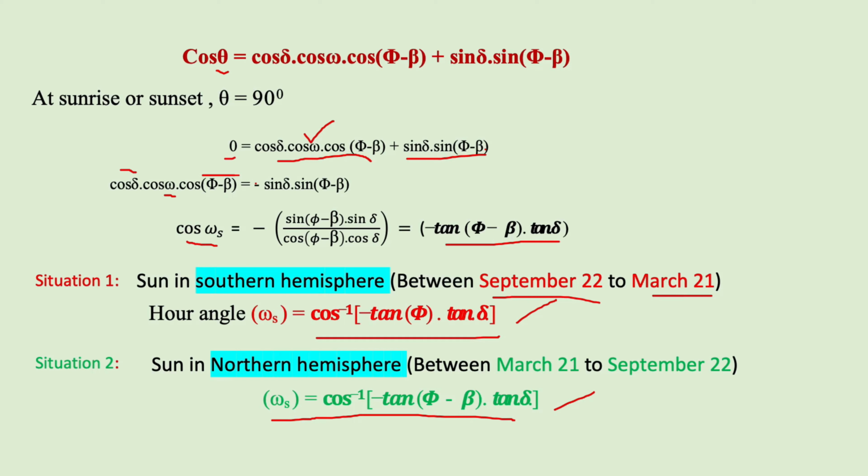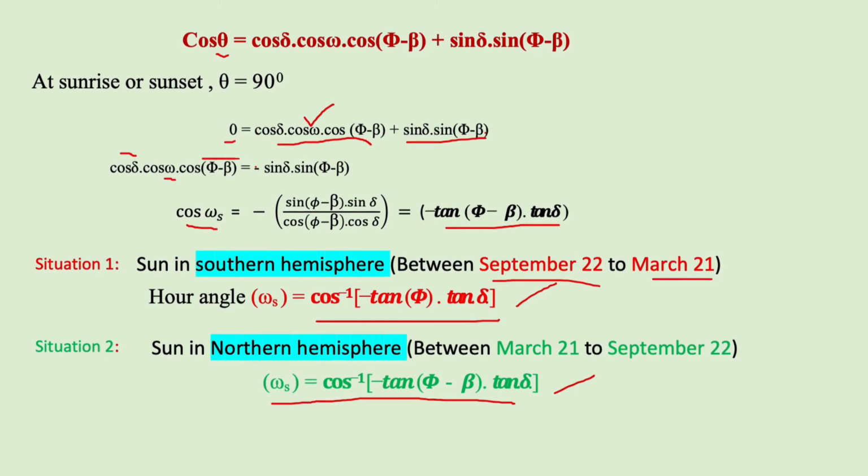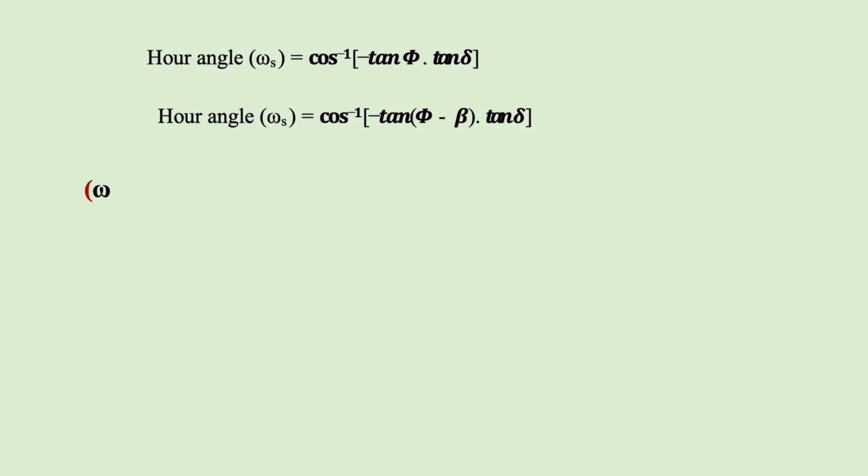Now let us see how to deal with this situation. As we were discussing, we have two equations for two different situations. The first is when the sun is in the southern hemisphere, and the second is when it is in the northern hemisphere, and these two equations go like this. Then how to calculate it?